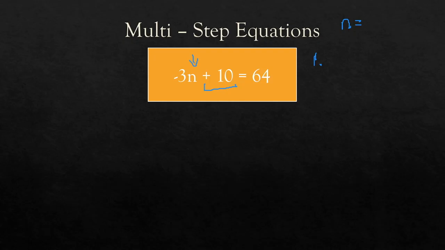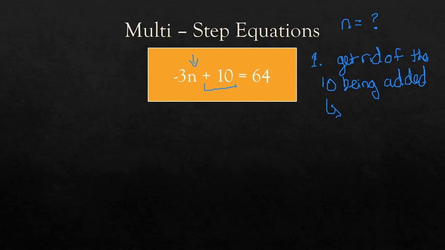So the first step is we're going to get rid of the 10, and what's happening is the 10 is being added. So the opposite of addition is going to be subtraction from both sides, right?